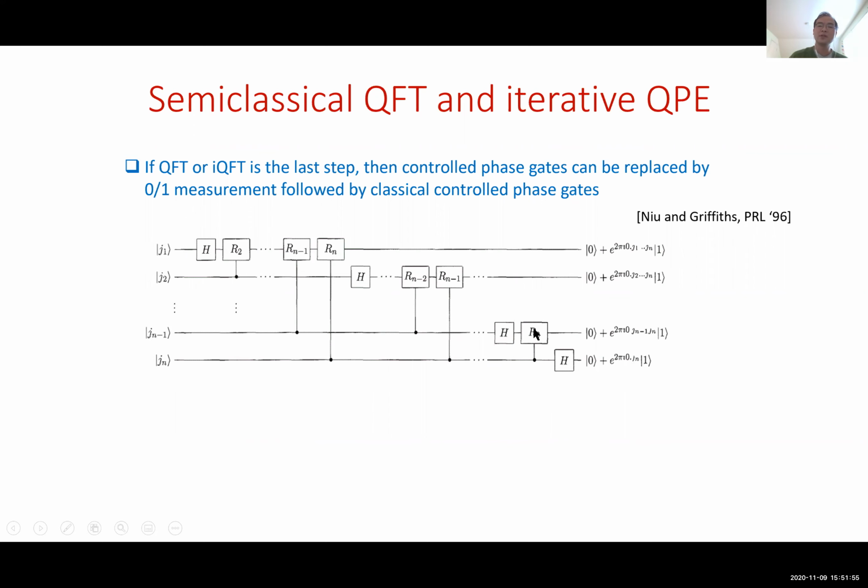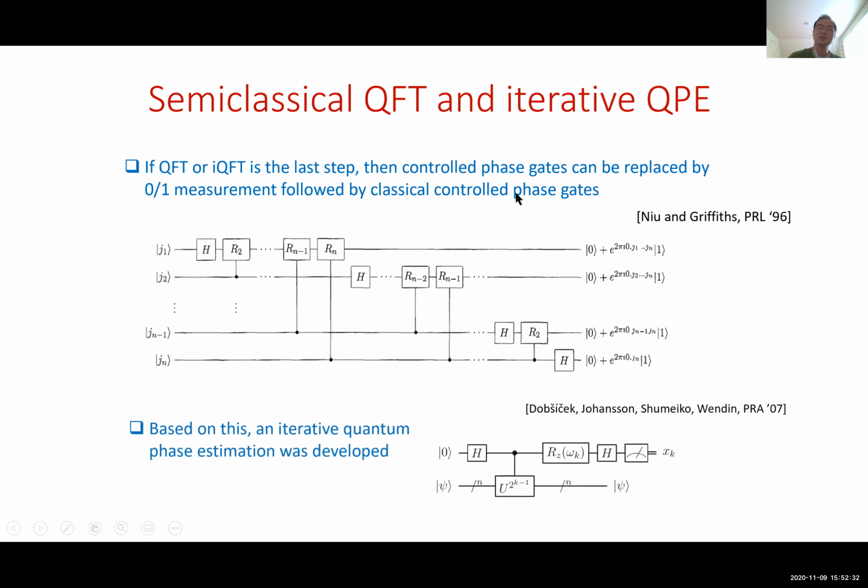If it's 0, you don't apply anything. If it's 1, you apply an R2 to the second qubit. Then you apply the Hadamard and do the measurement. So you continue like this, and this means that you don't need a quantum control. You only need a classical control. You only apply this phase gate when the bit readout is 1. So this is called a semi-classical quantum Fourier transform, or its inverse.